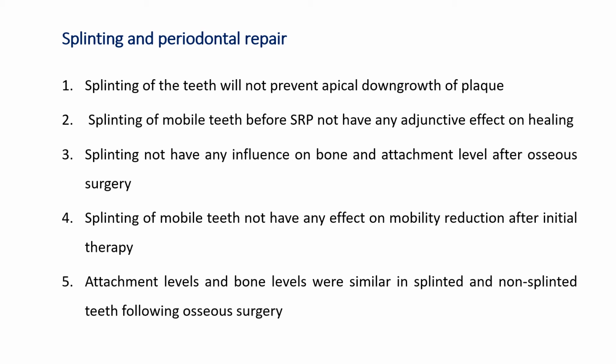Splinting does not have any influence on bone and attachment level after osseous surgery. Splinting of mobile teeth does not have any effect on mobility reduction after initial therapy. Attachment levels and bone levels were similar in splinted and non-splinted teeth following osseous surgery.